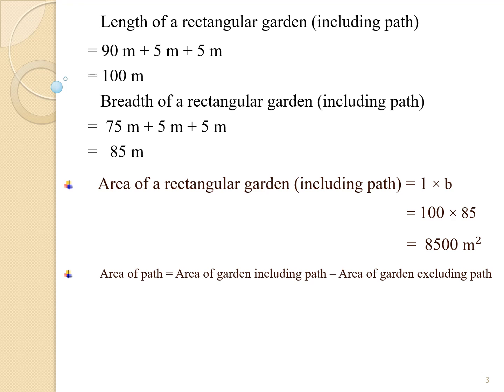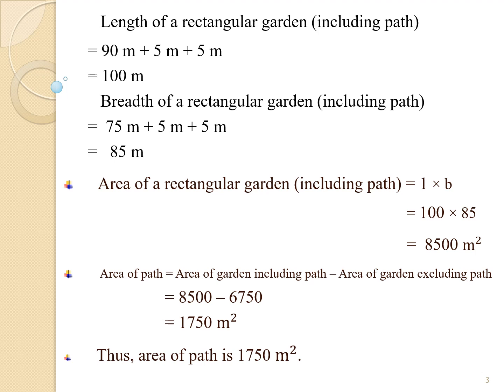Thus, subtracting 6,750 from 8,500, we get 1,750. Thus, area of the path is 1,750 square meters.